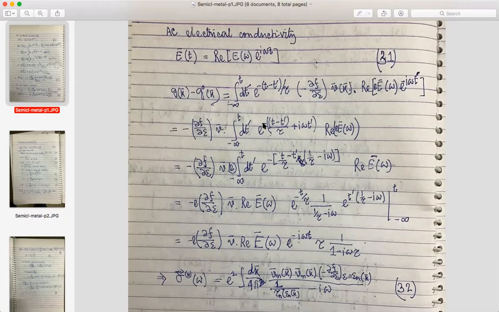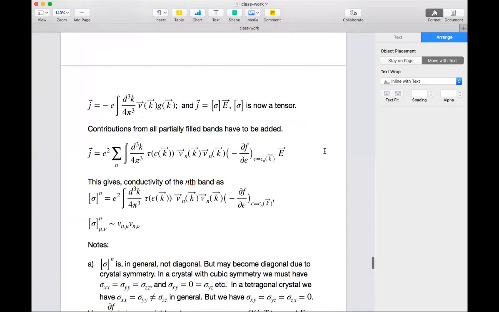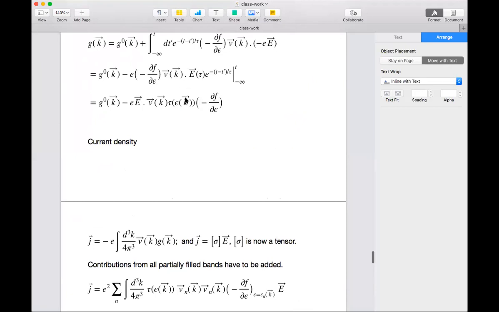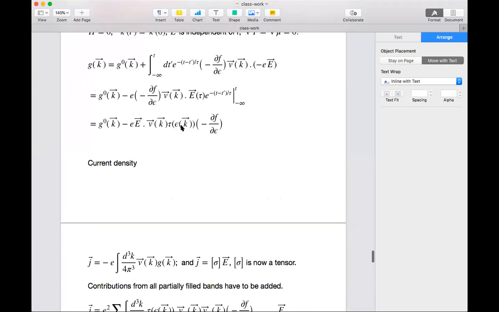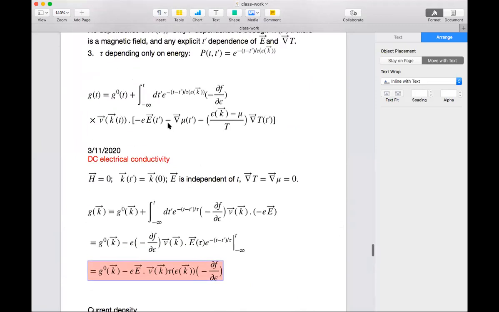let me just get back to that once again. Yeah, so this is the expression that we have. And in fact, this is the most general expression we had written, a T integral here, and then this, which involved the external field and gradients in the system.